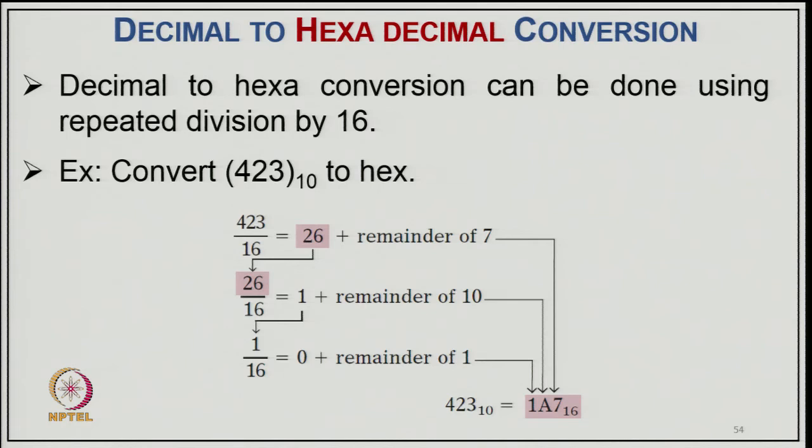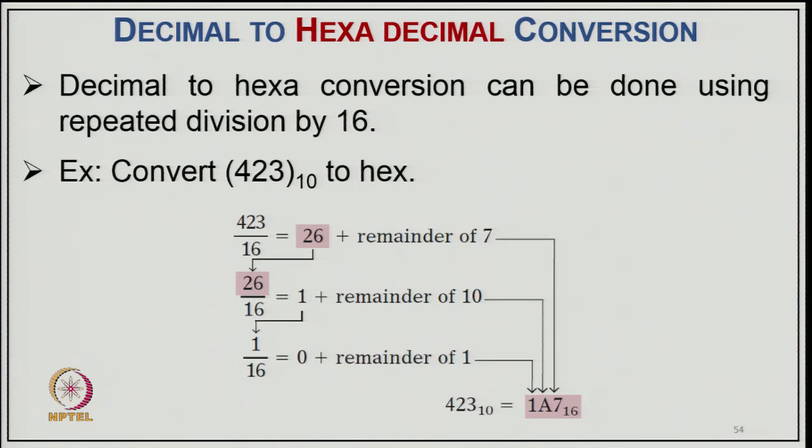Now, decimal to hex conversion can be done by using repeated division by 16. So, we convert 423 at base 10 to hex. We divide 423 by 16. It comes as 26 as a whole number followed by a remainder of 7. So, we write remainder 7, which becomes the least significant digit. Again we divide 26 by 16.